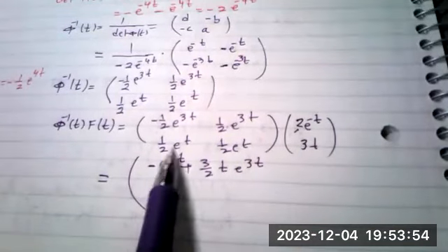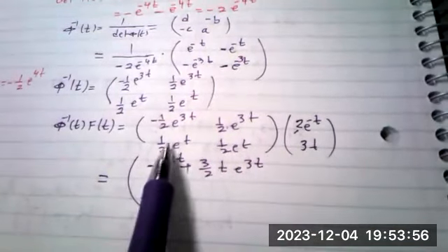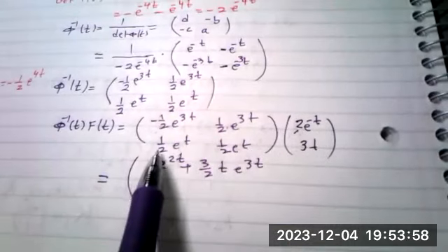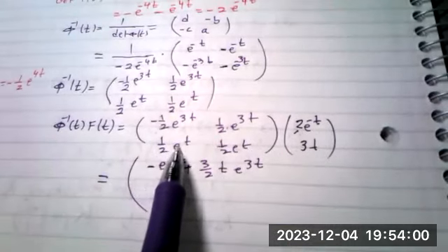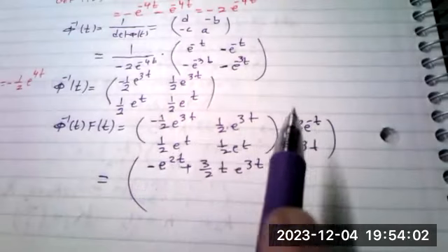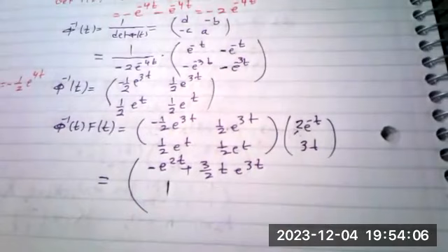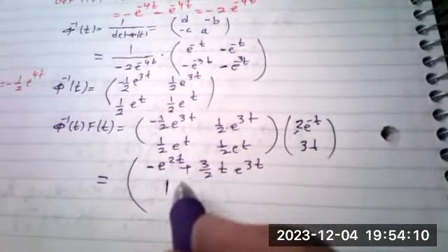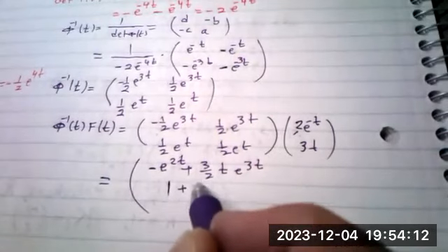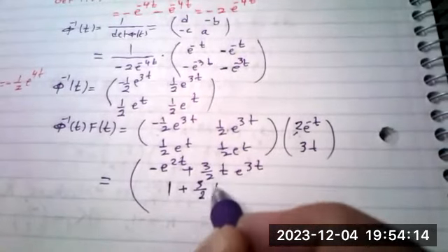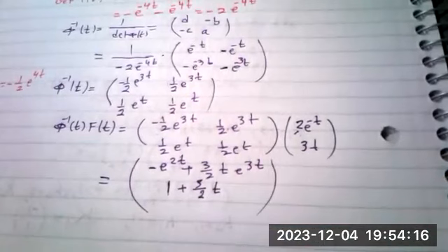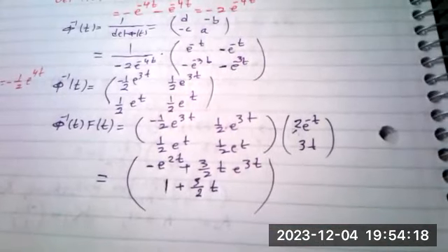You repeat the second one, the dot product. You multiply these two together, you will lose the 2, e to the negative t, e to the t, that gives you 1. Okay? And then you continue, multiply these two together, that gives you plus 3/2 t e to the t. So that gives you phi inverse of t times f of t.